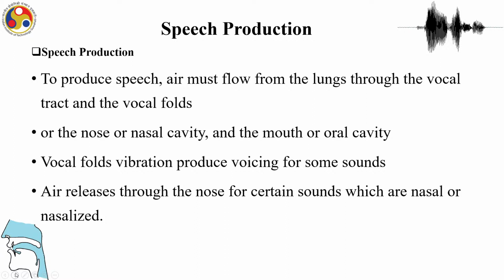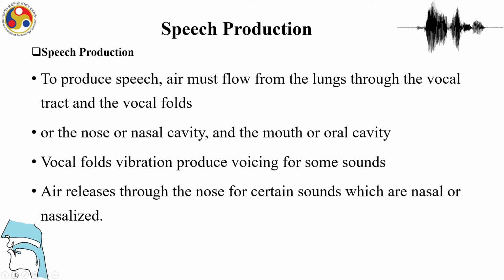Now in the course we have gone through this quite a bit: to produce speech, air must flow from the lungs through the vocal tract and the vocal folds, and most of the sounds of the world's languages are produced through this mechanism.